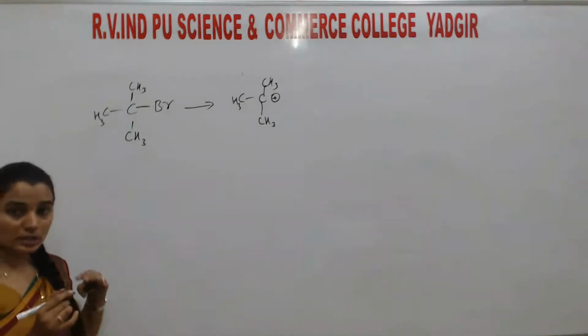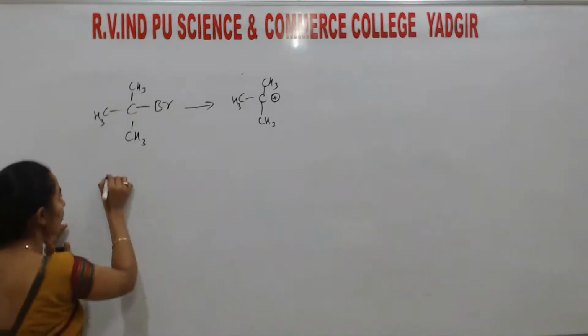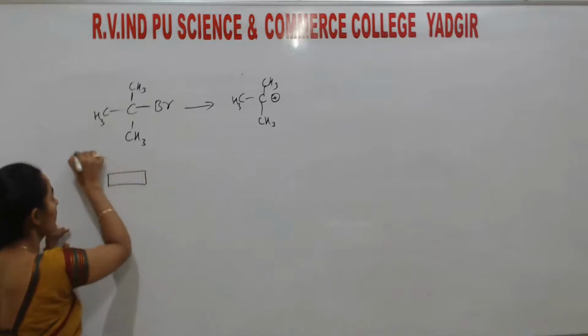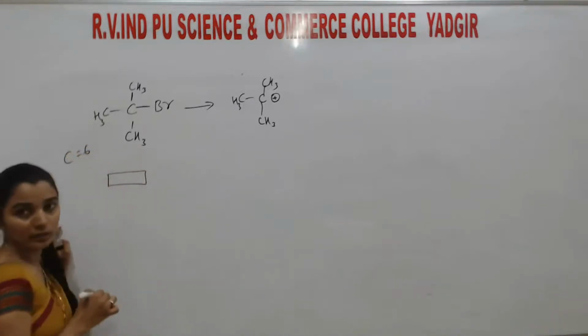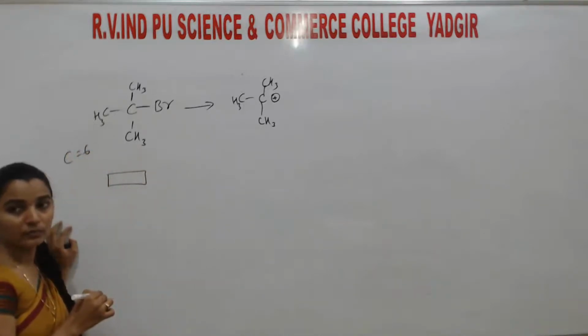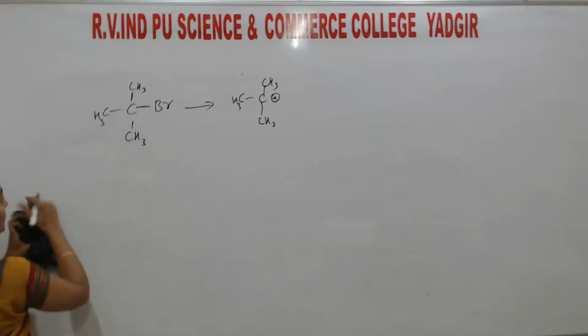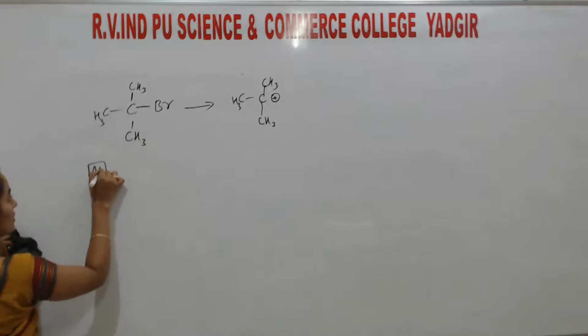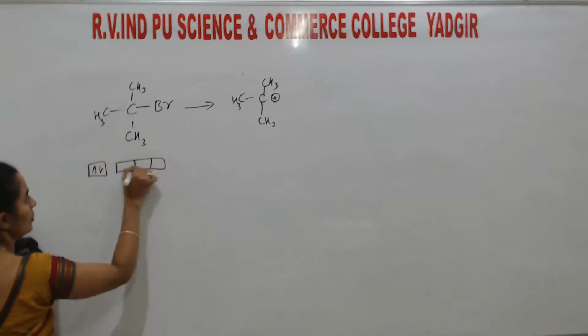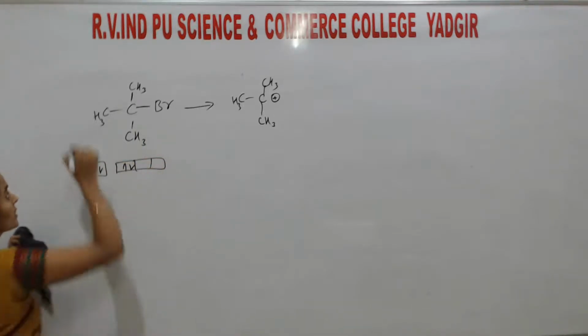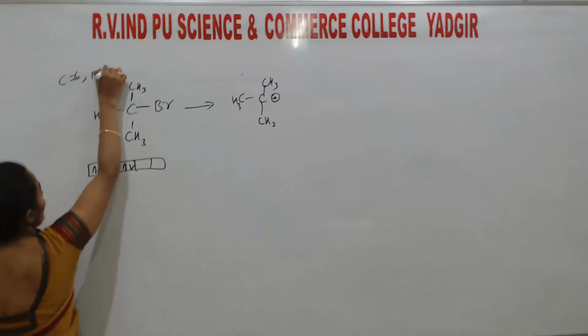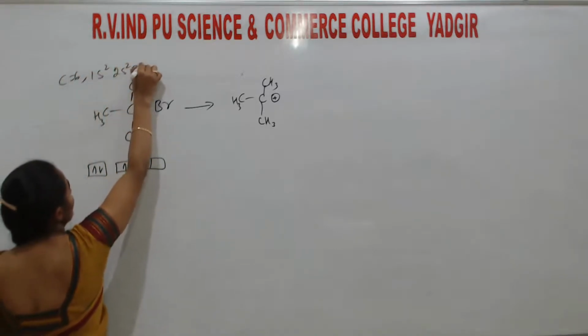So students, initially I told you, if we write the box diagram for carbon, carbon is atomic number 6, 1s2, 2s2, 2p2 initially.